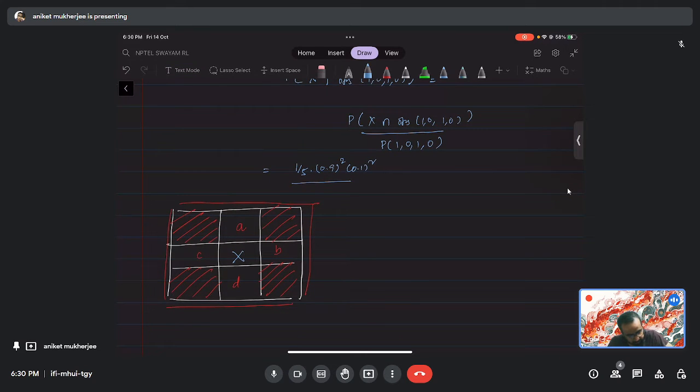The denominator. So P of A intersection 1010.